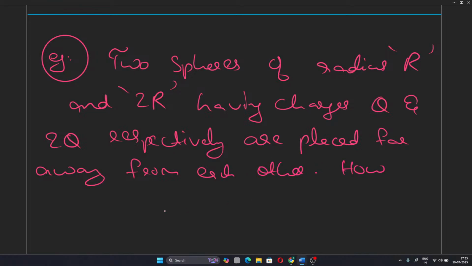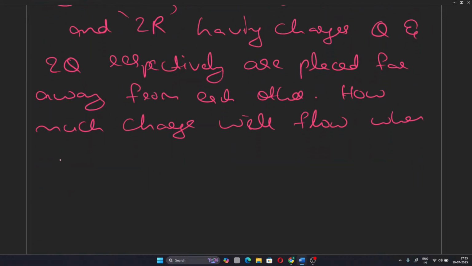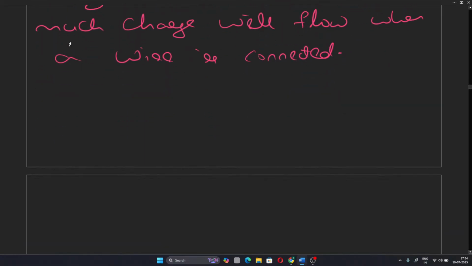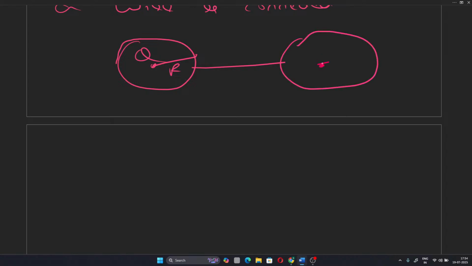How much charge will flow when a wire is connected? They're asking how much charge will flow when a wire is connected between two spheres, one of radius r with charge q and one of radius 2r with charge 2q.